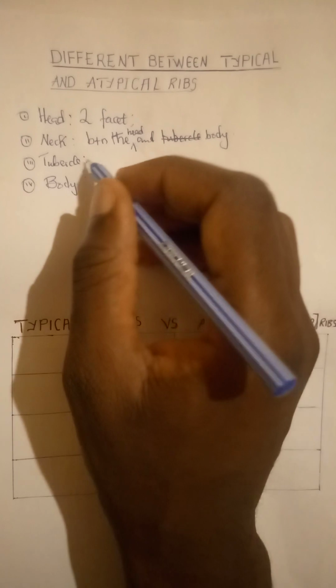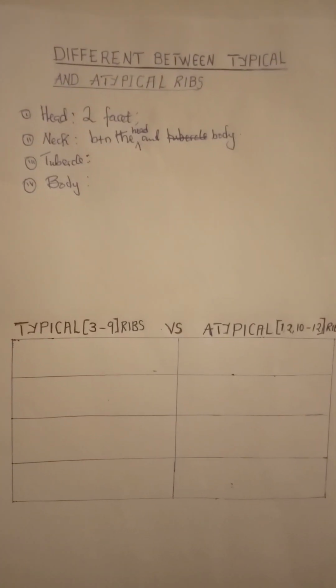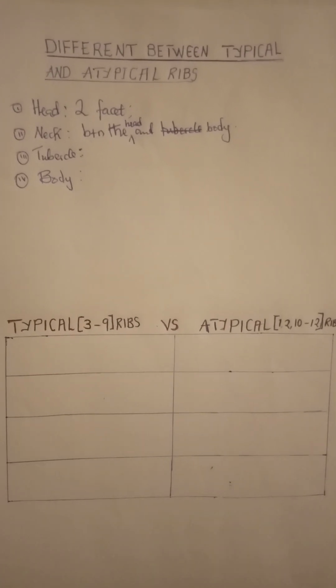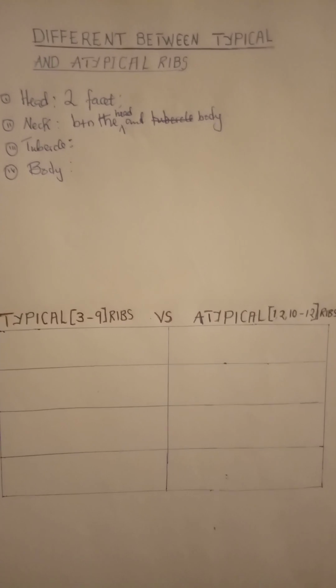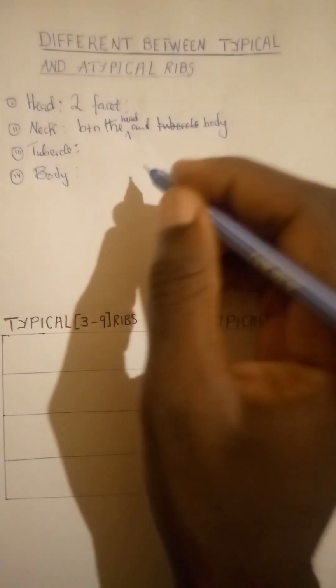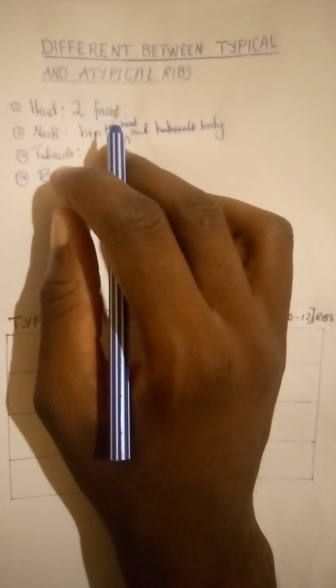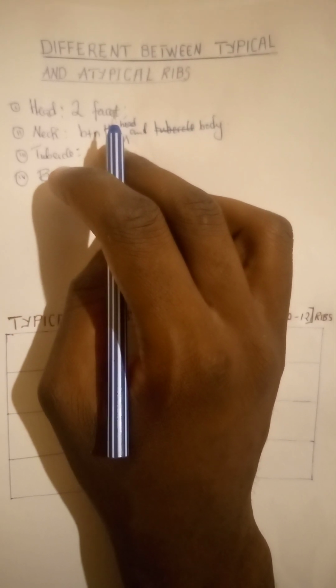When we talk about the tubercle, it has two parts. It has a smooth articular part. This smooth articular part articulates with the transverse process of the vertebra.